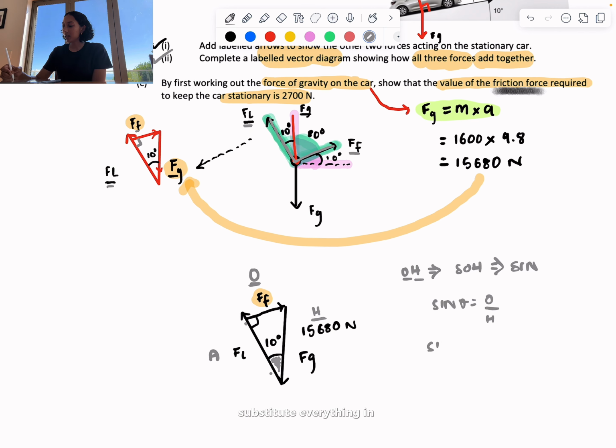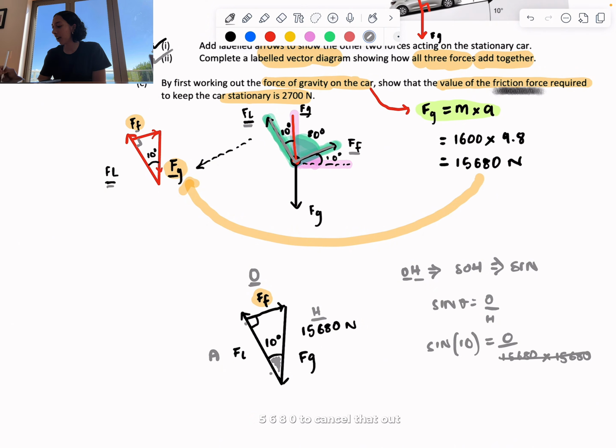Substitute everything in. Sine 10 degrees equals our opposite, which is what we're trying to find out, which is our friction force, over our hypotenuse, which we worked out is 15680 newtons. That's our force of gravity. And so now to rearrange, I times this side by 15680 to cancel that out. That means I have to times the other side by 15680.